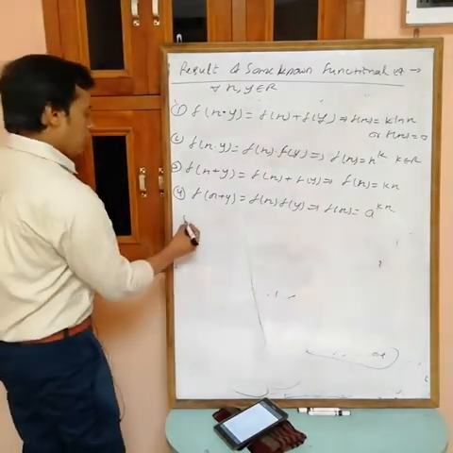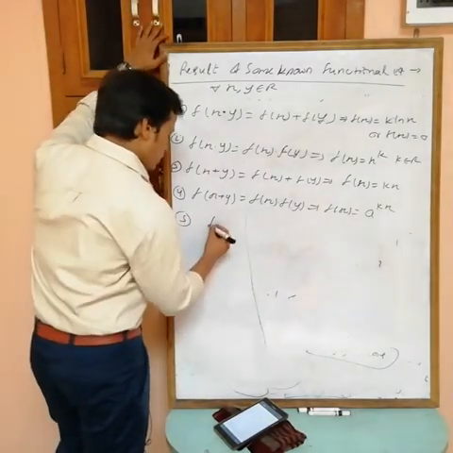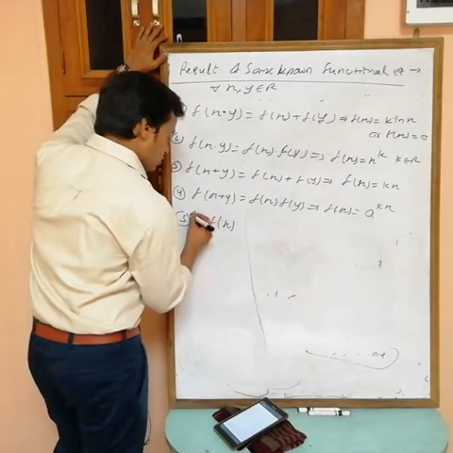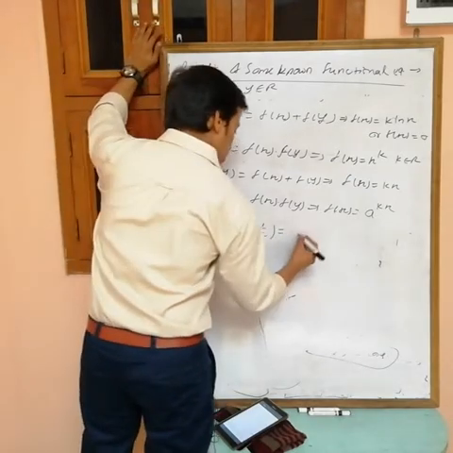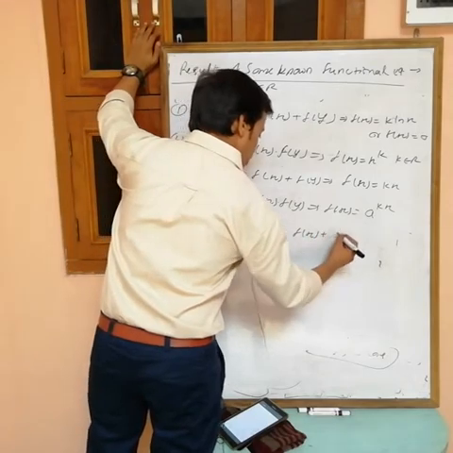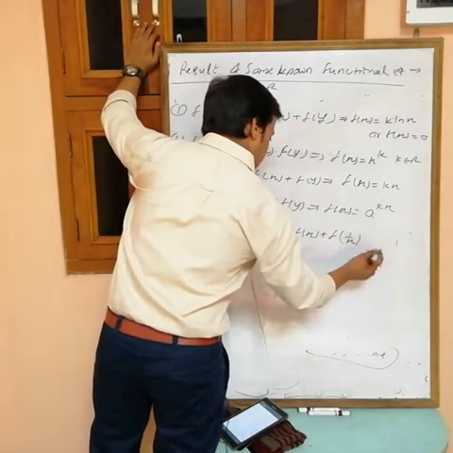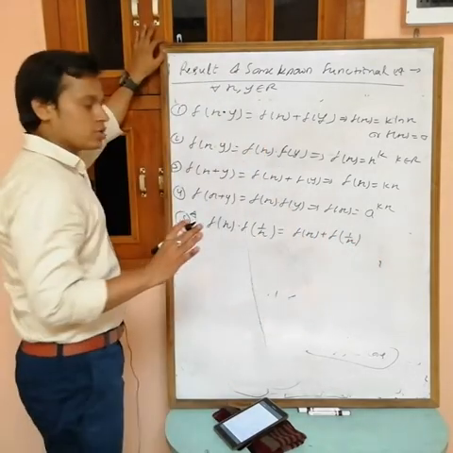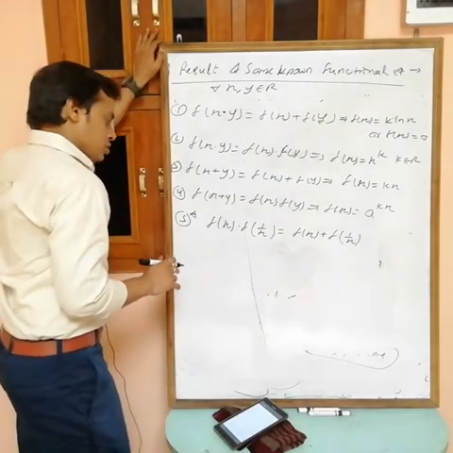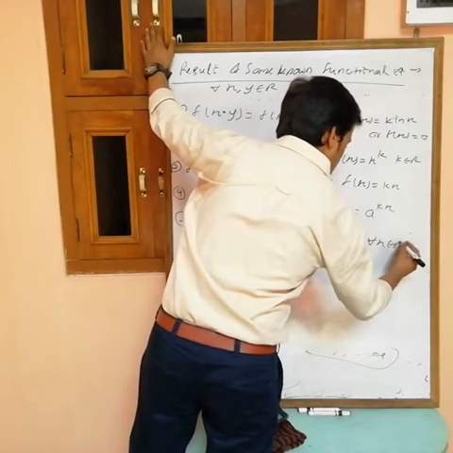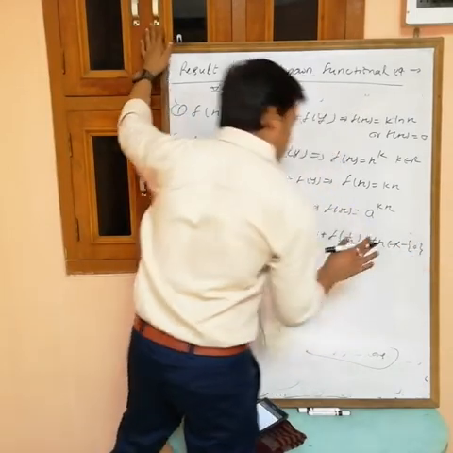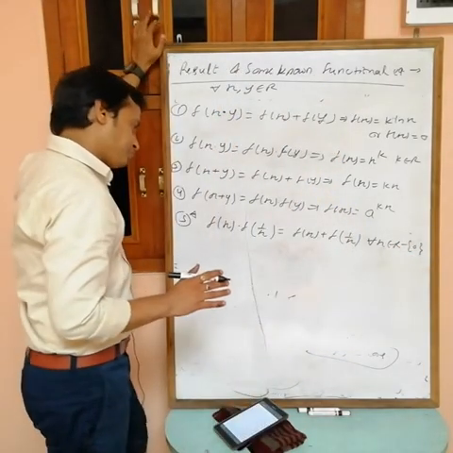And last, f(x) into f(1 by x) is equals to f(x) plus f(1 by x). If this functional equation is given, where for all x belongs to R excluding 0, in this one x can't be equals to 0.